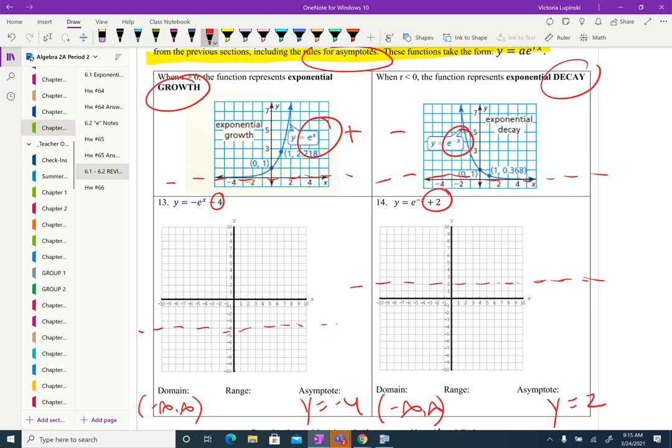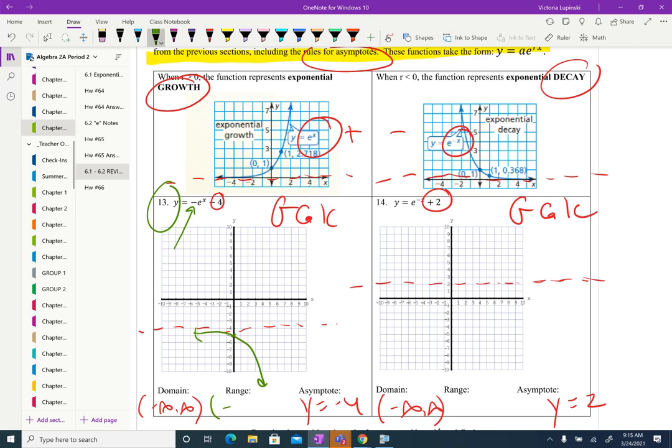To figure out points, you're going to use the graphing calculator. I'm kind of running out of time, so I'm going to skip that part. So if you were to plug number 13 into the graphing calculator, you're actually going to get a graph that looks like this. It's upside down because of the negative.